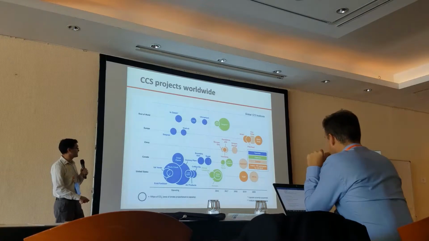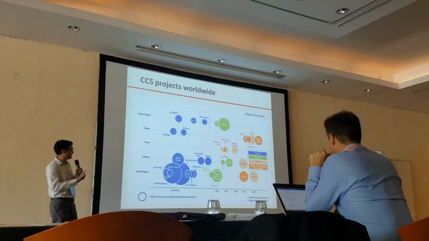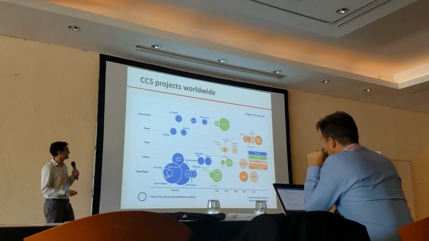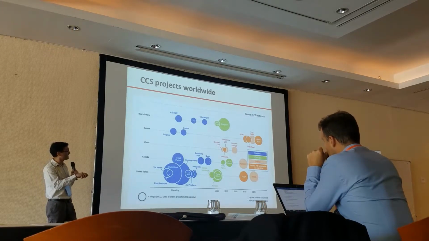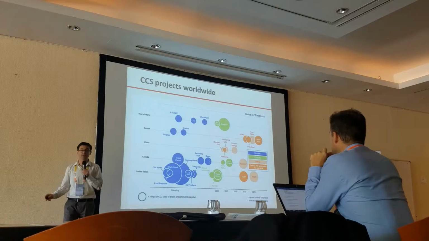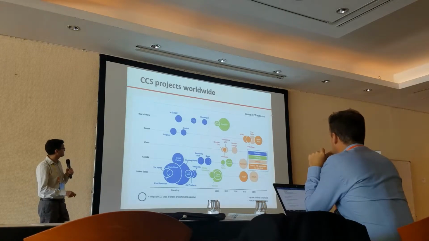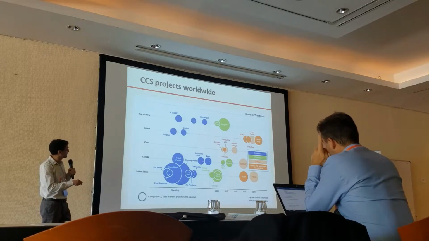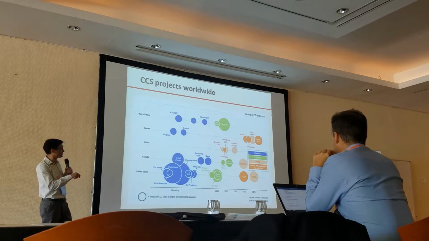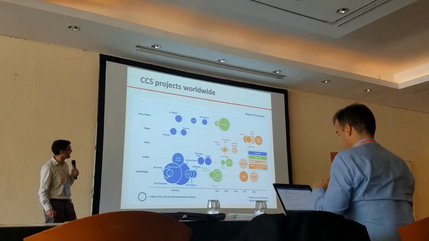This is a figure to show the many projects that are currently operating in blue, future in green. Now this is not updated, this is from the 2015 CCS report. You have here the Sleipner project, the Quest, and Great Plains, which is the Weyburn, so we talked about these three in the previous slide.